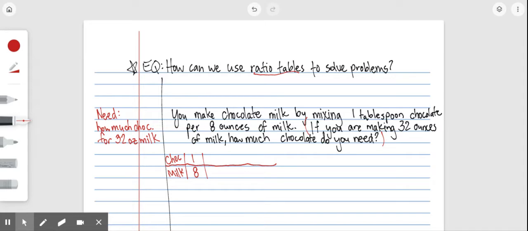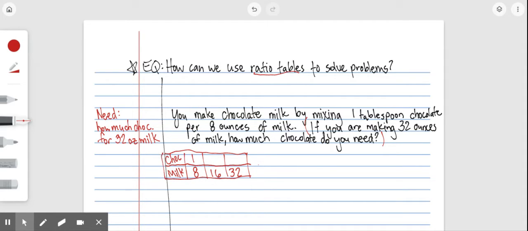Then it'll have maybe what happens if you have 16 ounces of milk. What happens if you have 32 ounces of milk. Okay, so the table will already be kind of filled out for you, and your job is to just fill out the blanks, any of the blanks in the table.